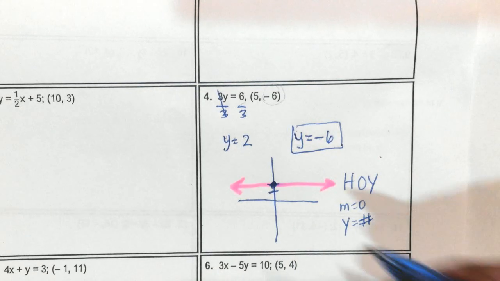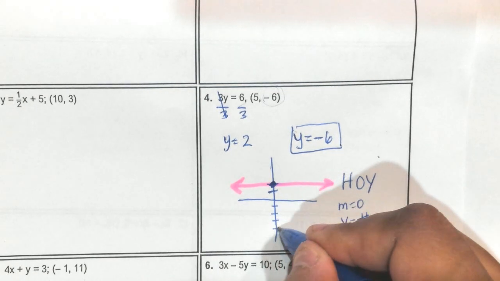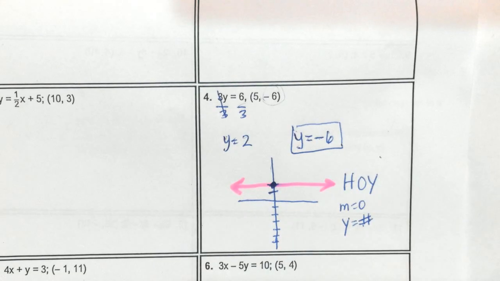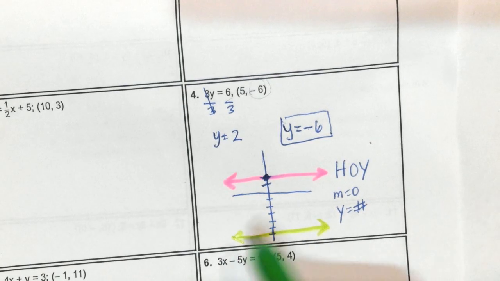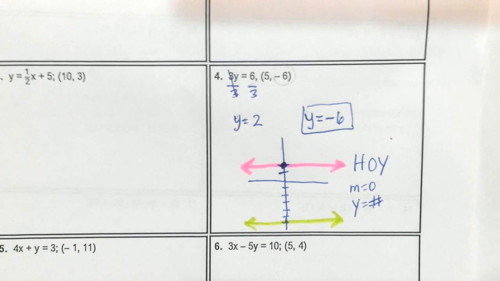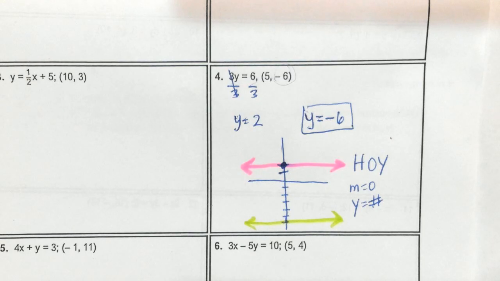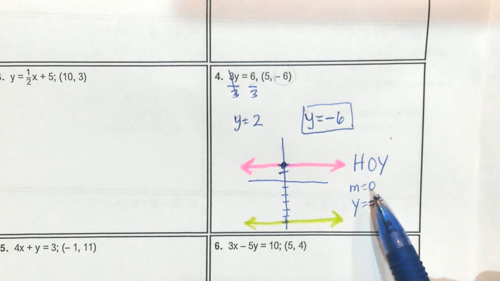So y equals -6 would be down here. 1, 2, 3, 4, 5, 6. Are those two lines parallel? Yeah, they are. They're never going to touch. They're never going to cross because they have the same slope of 0.